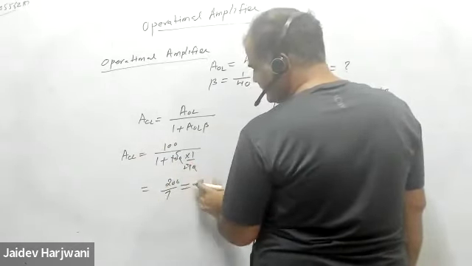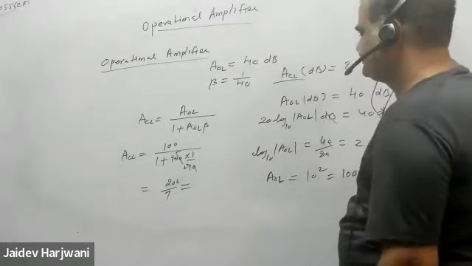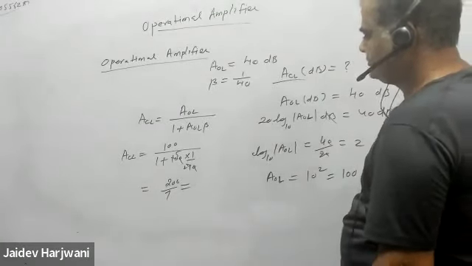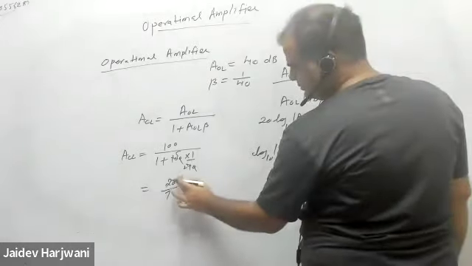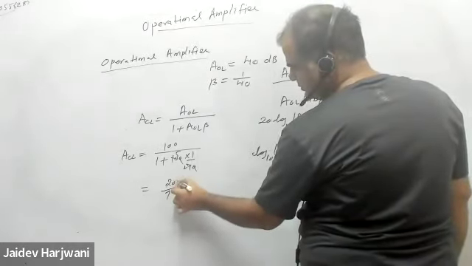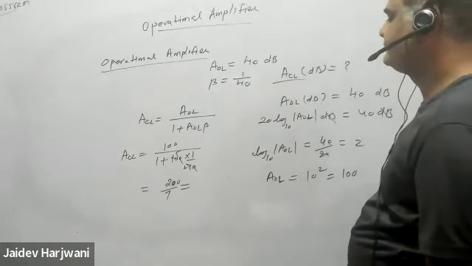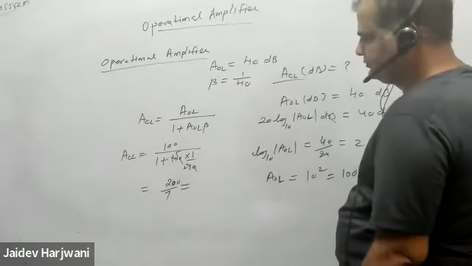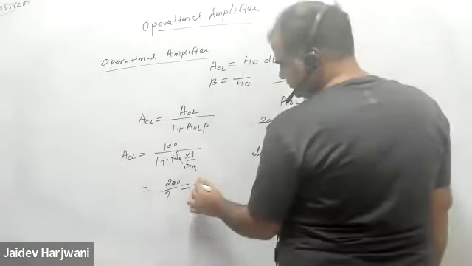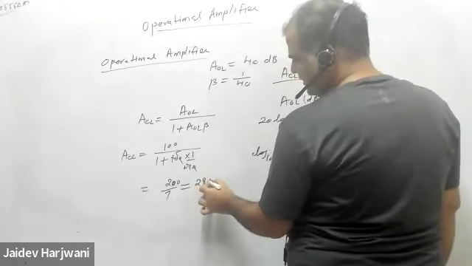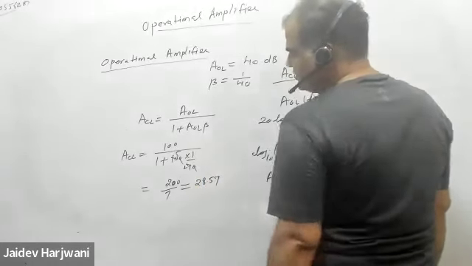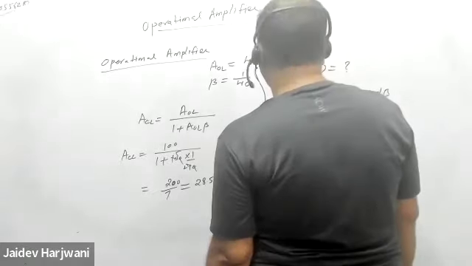Tell me what is 200 by 7? 28.57. This is your closed loop gain in numbers.